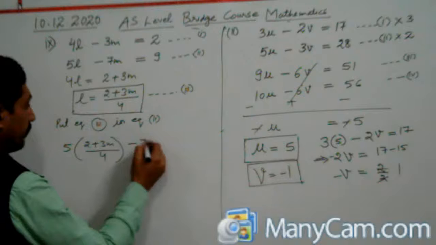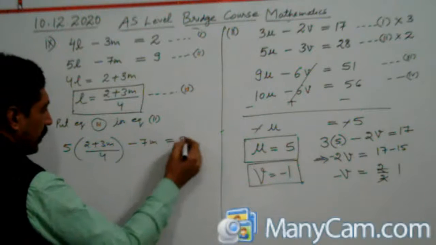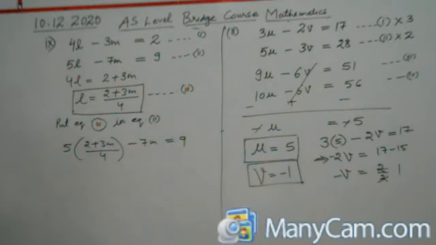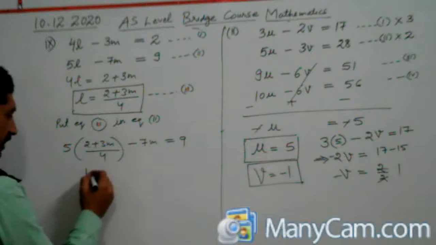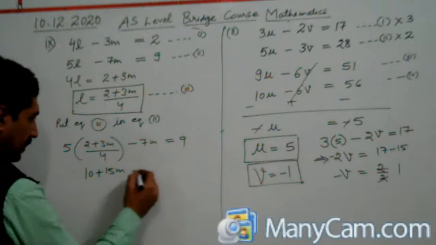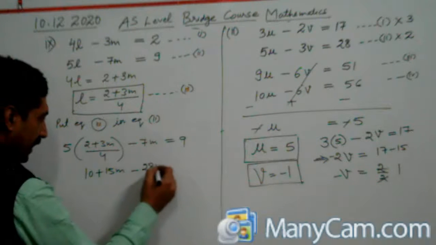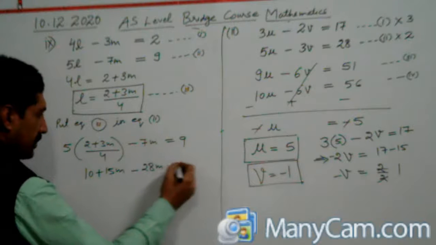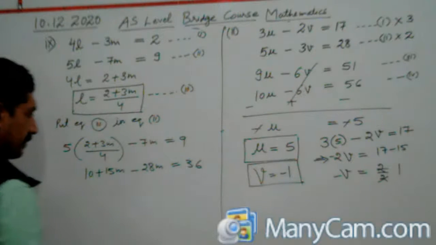So here we will get the value of m. So we have 10 plus 15m minus 28m over 4 is equal to 36, right?